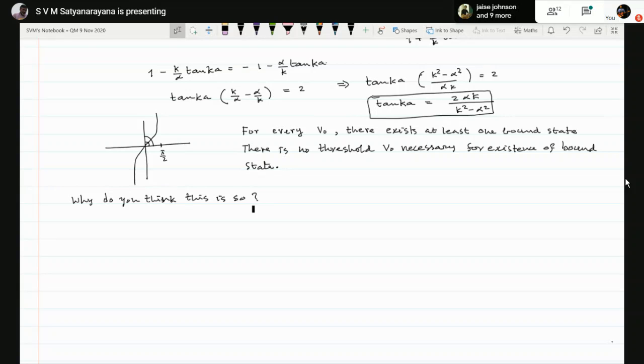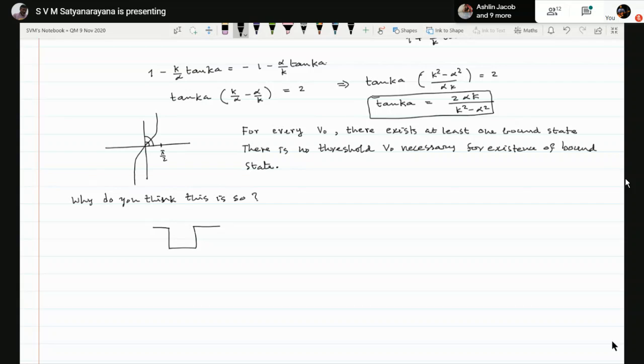So the energy can be 0 in this case, from the de Broglie wavelength, so no threshold is required. But in the other case, sir, if you see, is it correct, sir? Yeah, I think you are making the point.